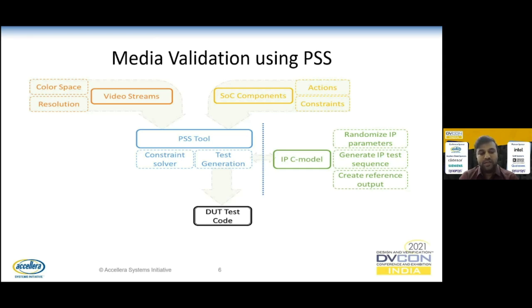One of the major requirements we had while doing our media validation for PSS was DMA address overlapping. When we do encode or decode separately, individually, with only one instance involved, the C model used to generate a generic DMA address location.